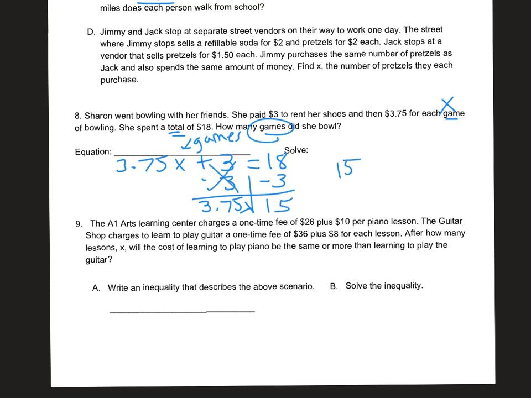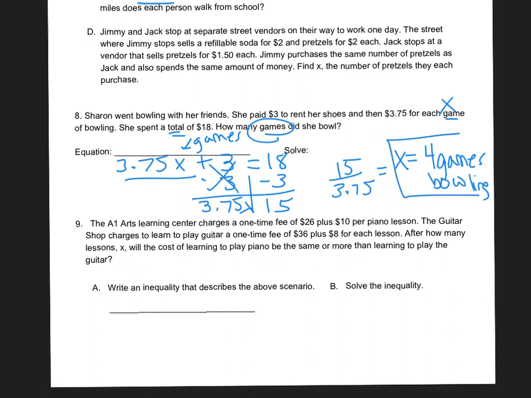And when I take 15 and divide it by $3.75 on my calculator, that's going to tell me that x equals 4 games of bowling. Can I always check whether 4 games times 3.75 plus 3 gives me 18? Of course you can.